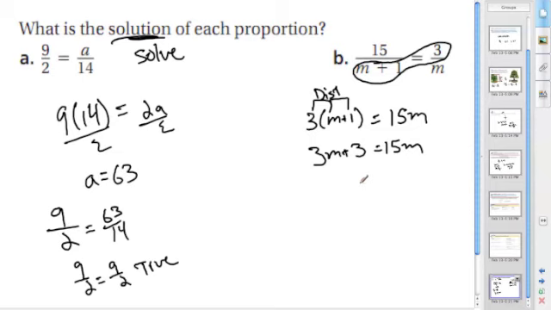And we want to get rid of the 3m, so we have 3 equals 12m, divide by 12, divide by 12, and we have m equals 1/4. Yes, you can have a fraction in the denominator. You can also check it, and it will be true.